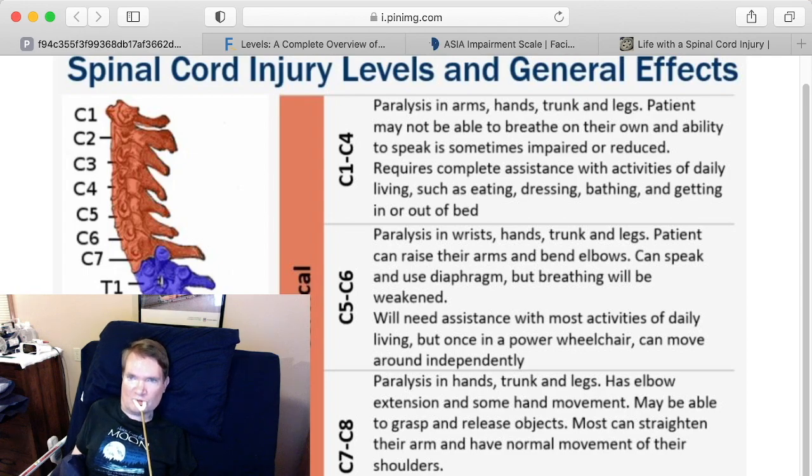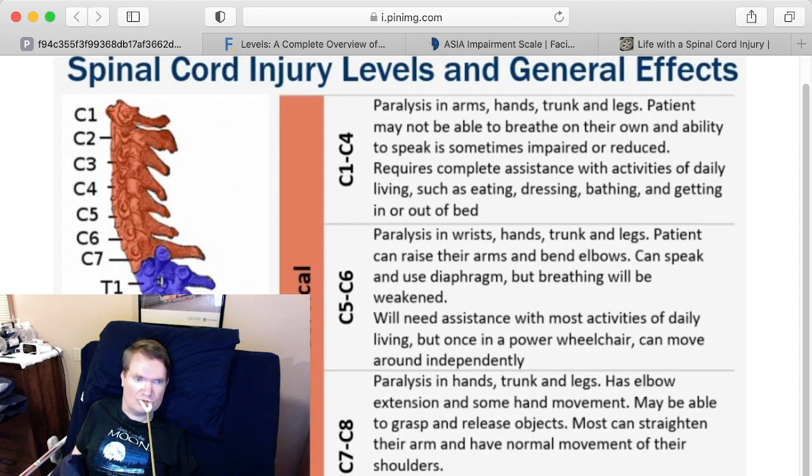The patient may not be able to breathe on their own, and ability to speak is sometimes impaired or reduced. It requires complete assistance with activities of daily living, such as eating, dressing, bathing, and getting in or out of bed. And then we see the C5-6, it gives more information and so forth.